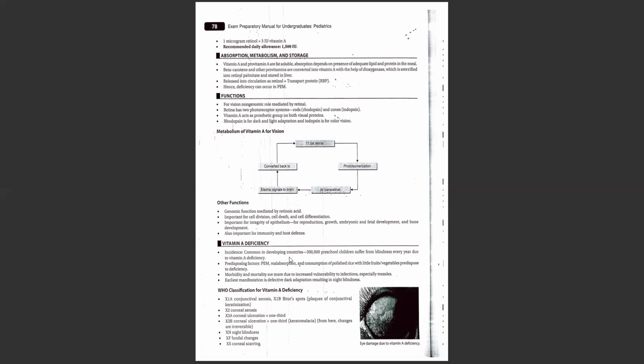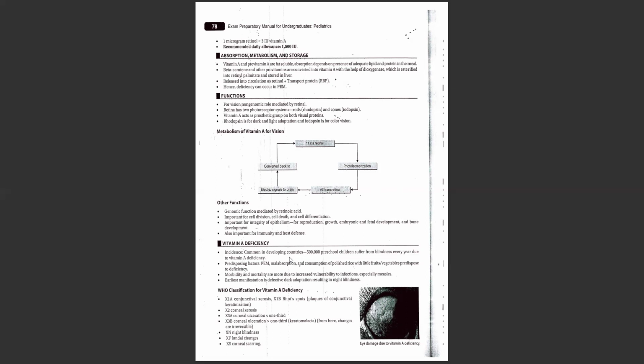From the liver, this form of vitamin A is released into circulation as retinol, and it binds with the transport protein called retinol binding protein. Hence, deficiency also happens in protein energy malnutrition, because of the protein deficiency and the lack of retinol binding protein. So that is all about the absorption, metabolism, and storage of vitamin A.